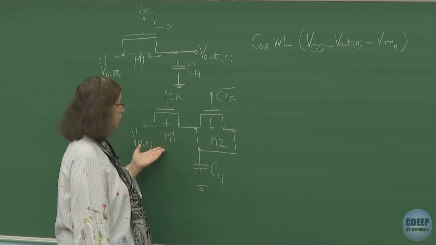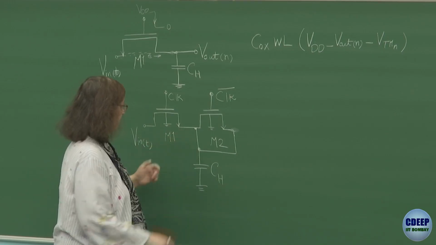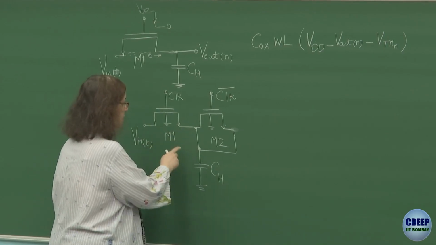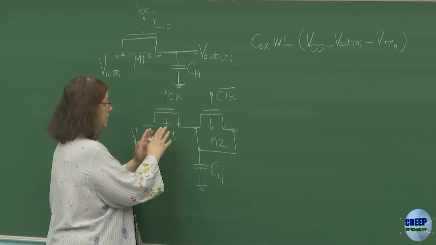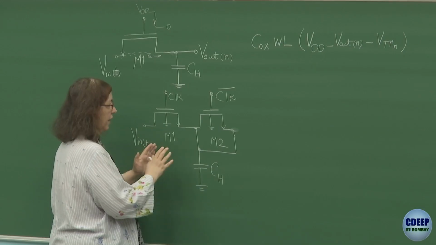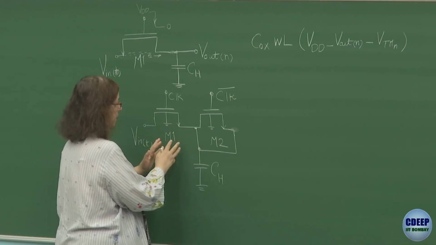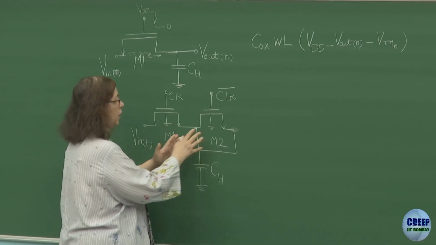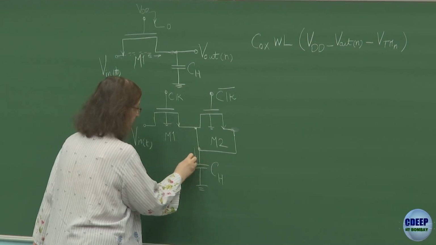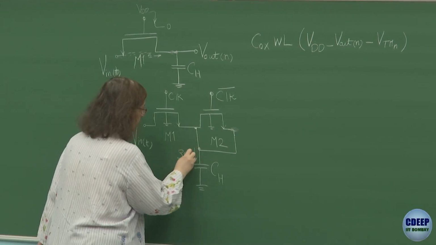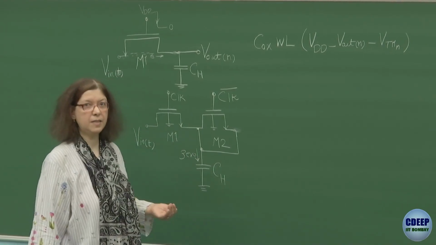If half of the charge is going from the source of M1 in this diagram towards CH, then we will make M2 half the size of M1, so that we can make sure that the charge which is stored in M1 will be the same charge which is required by M2, so that the net charge which arrives at capacitor CH will be 0.